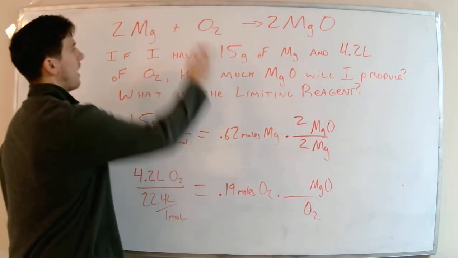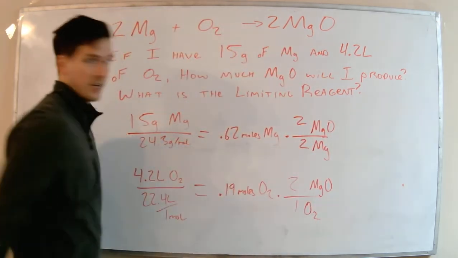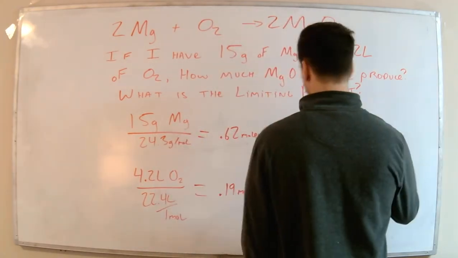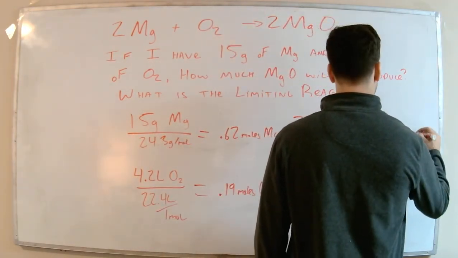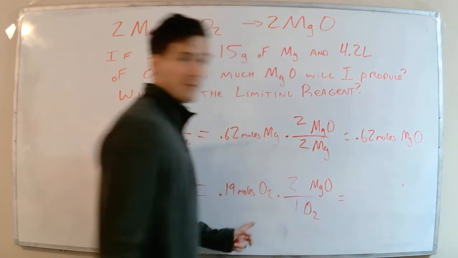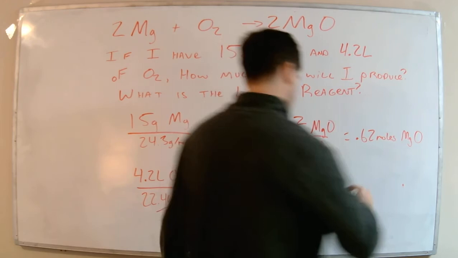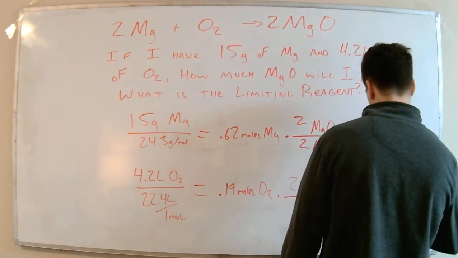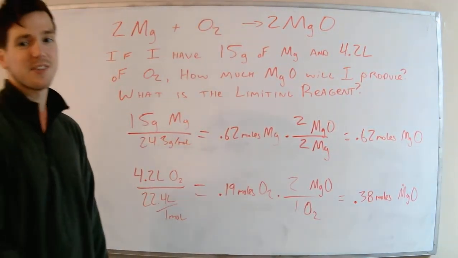And magnesium oxide to oxygen is a 2-to-1 ratio. So this one stays the same. Now we have 0.62 moles of MgO. And this one we just times by 2, or times 2 divided by 1, which is 0.38 moles of MgO.